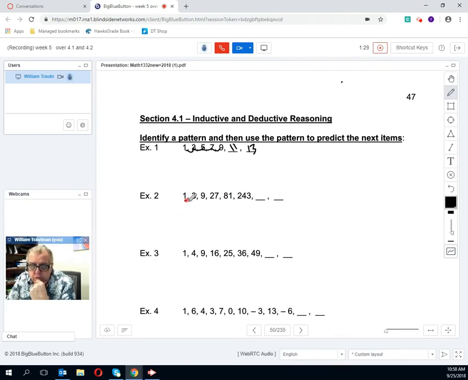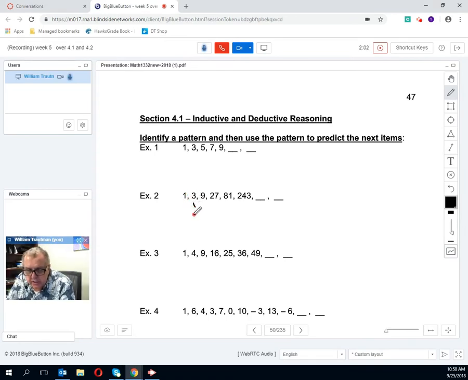Between 1 and 3 is 2. 3 and 9 is 7. 9 and 27 is 18. 27 and 81 is like 54. I don't see any kind of pattern there. Let me clear this off. Is there a clear? Yes. So I don't see any pattern there. However, I do notice something.